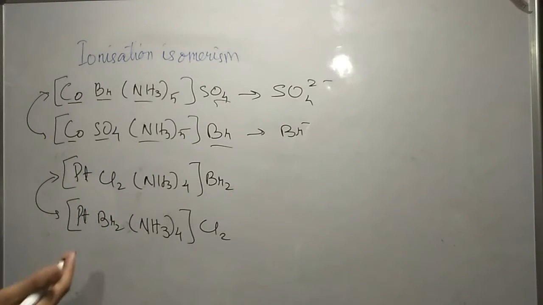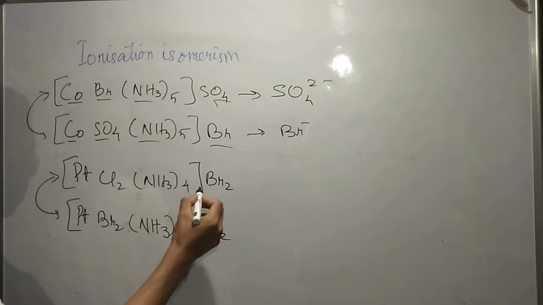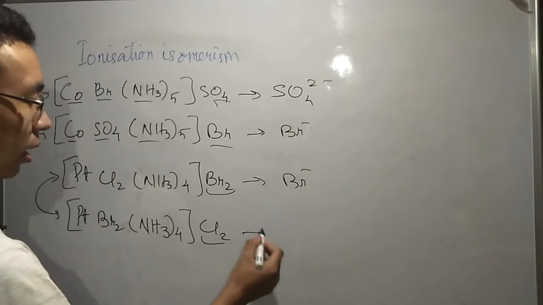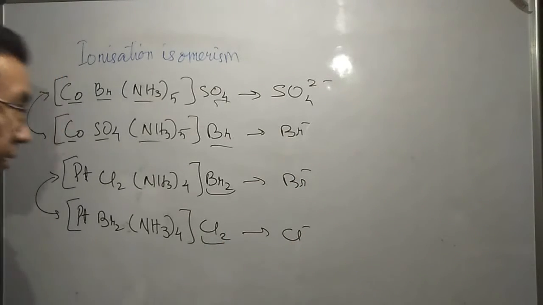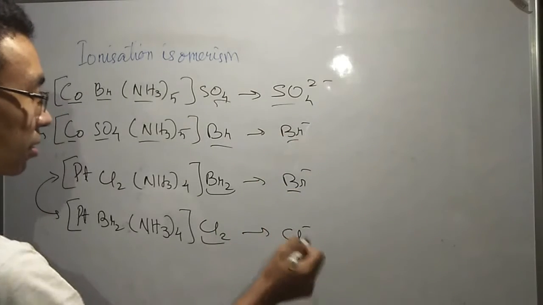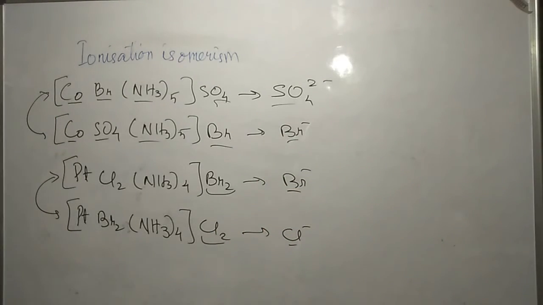Let us see another example. In this case, the ions given are Br minus and Cl minus. So isomers which have the same molecular formula but give different ions in solution are called ionization isomers, and the phenomenon is called ionization isomerism.